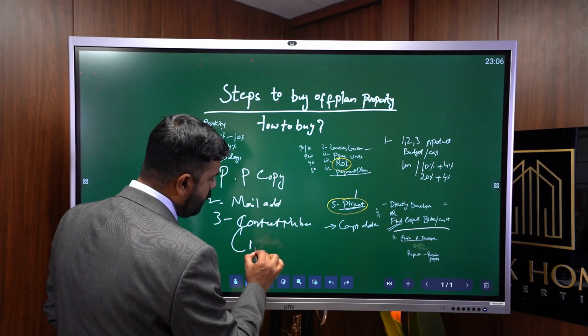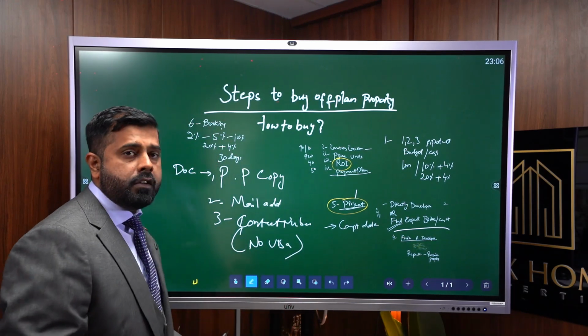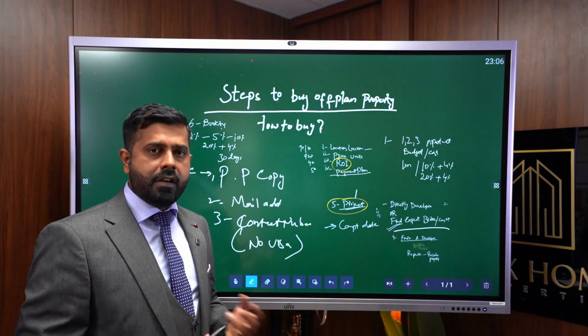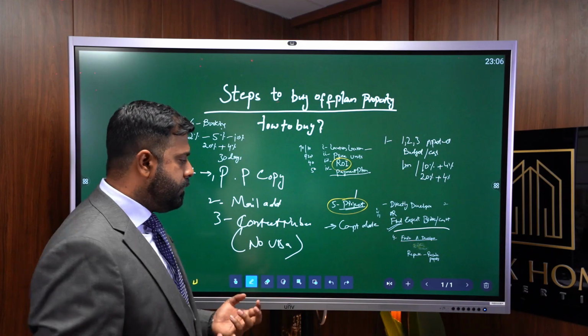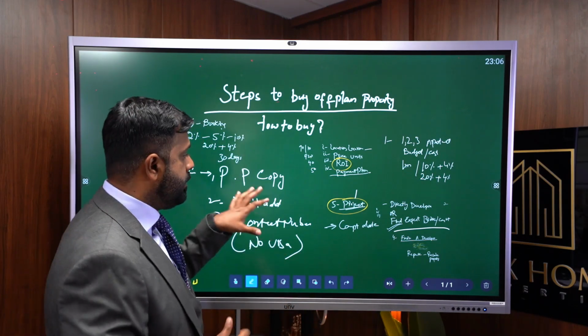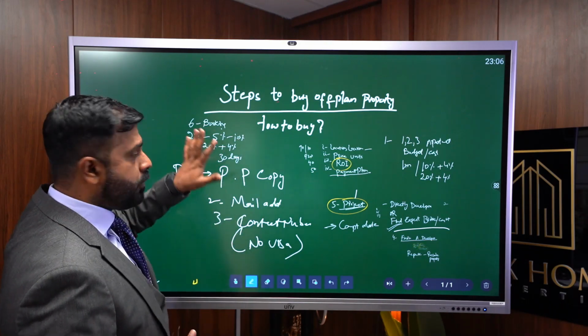There is no visa required. Any expat overseas, someone staying out of UAE, can definitely buy a property without having a valid visa in UAE. They can buy with the passport copy only. Okay, so these documents are required for the bookings.